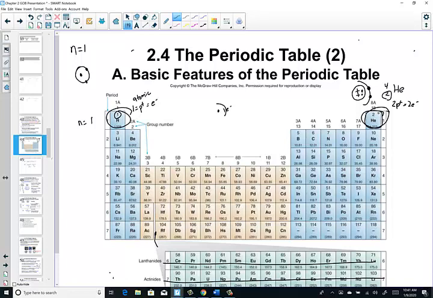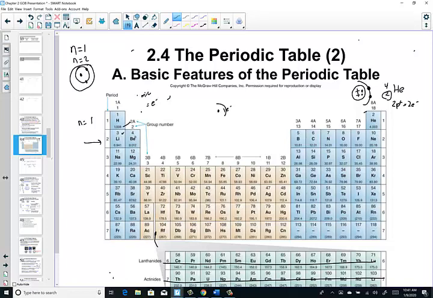Then it's full. When it's full, and I go down to the next row, that next row is lithium's row, period 2. When I go down a row, I have to add a next shell. Adding a next shell says N equals 2, a second ring around the nucleus, right? So N equal 2. How many elements do you see in row 2?